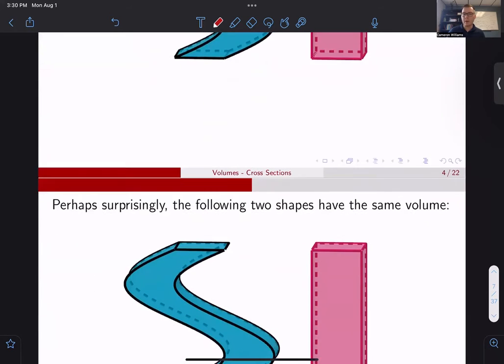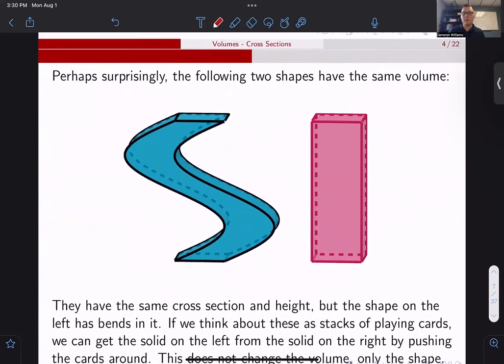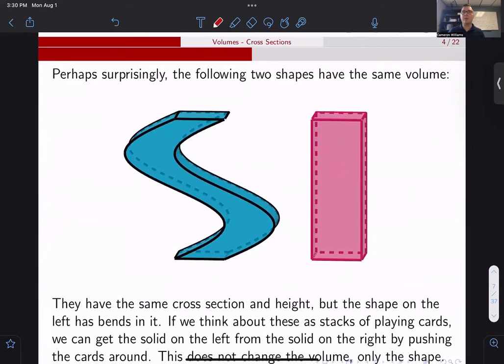And the way I like to think about this is that they have the same cross section and they have the same height. So imagine that the red prism represents a giant stack of cards. Maybe it's hundreds and hundreds of cards. Then we take that nice perfect stack and start to push them one way or the other.